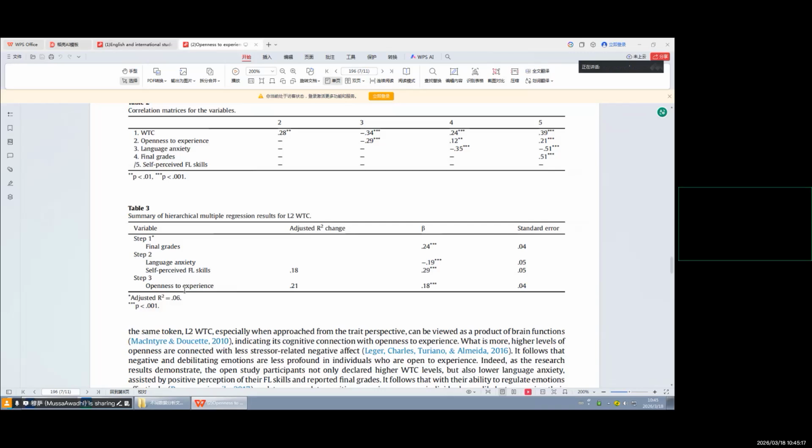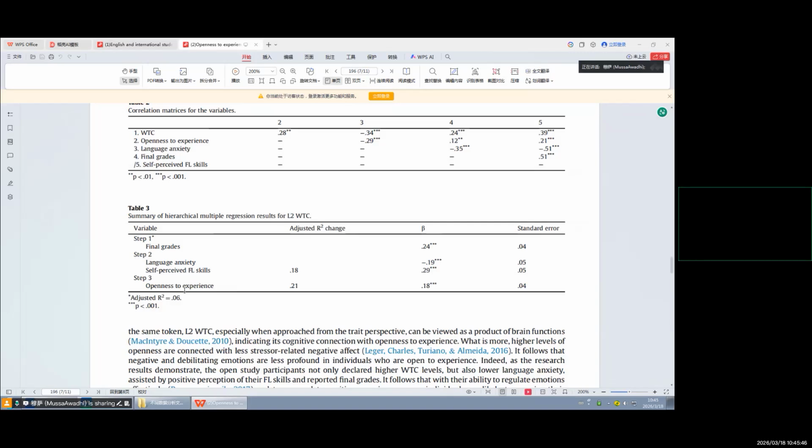We use them to predict reading. What does this number mean? This number represents final grade, right? And it is significant. It means what? It represents final grade, and it is significant.